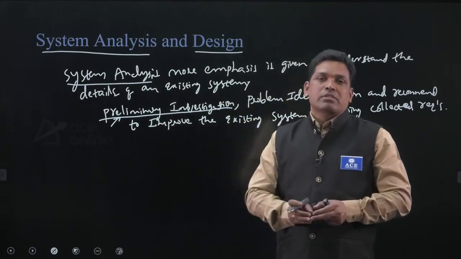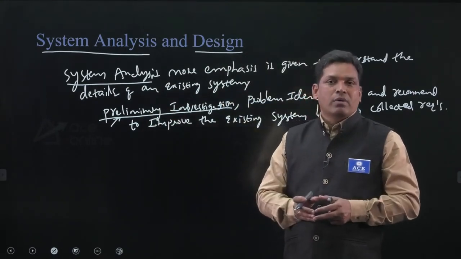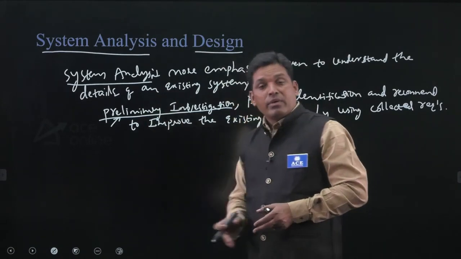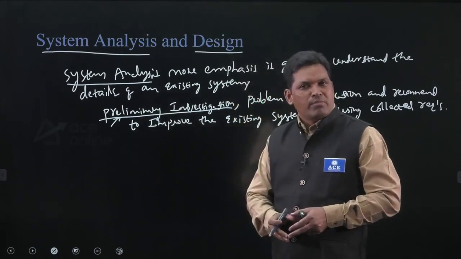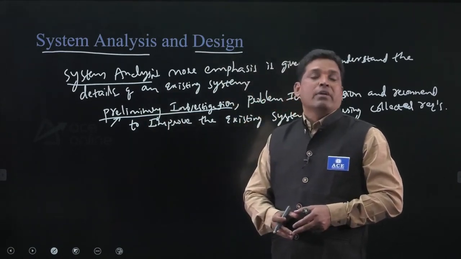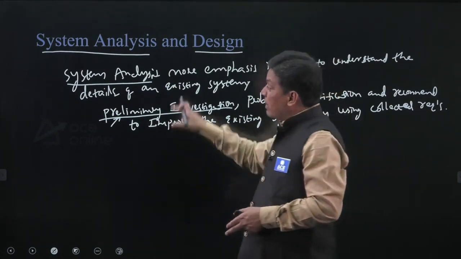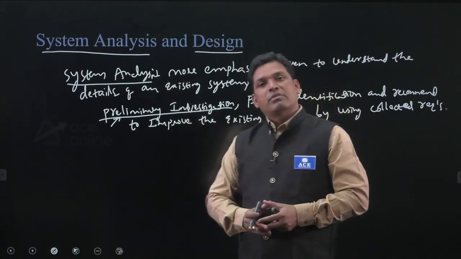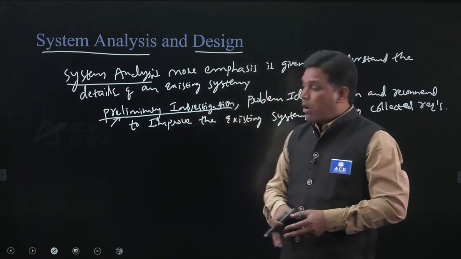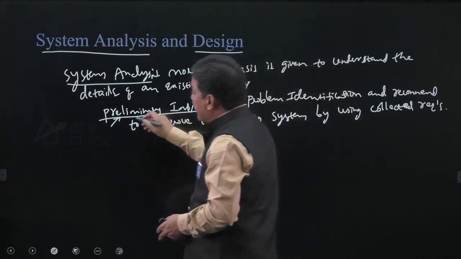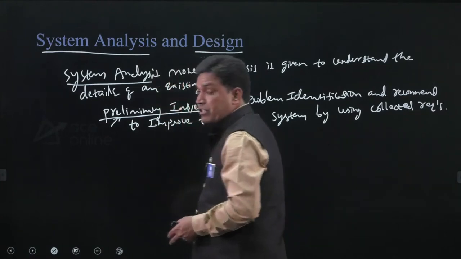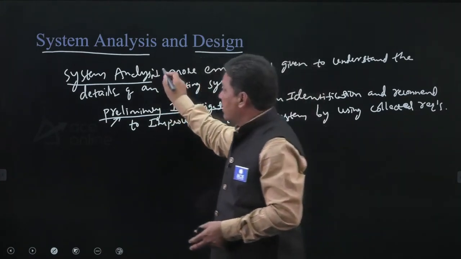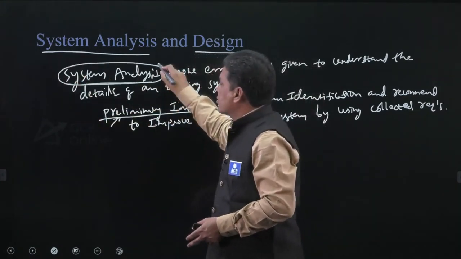Is the software system we are going to develop worthwhile or not? Can we implement the proposed software system or not? If we implement, will it run at a benefit or not? Can we develop this proposed system within the given budget or not? Can we develop it within the given schedule or not? All these things will be identified in the preliminary investigation process. That is the importance of system analysis.